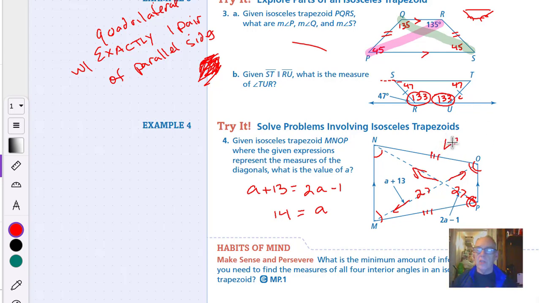And we call these congruent sides the legs. So legs are only used in isosceles trapezoids and right triangles. It's the only time you're going to see legs used in relation to a figure. In an isosceles trapezoid and in a right triangle, we call those sides the legs.